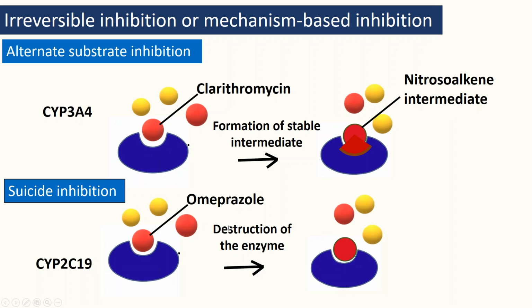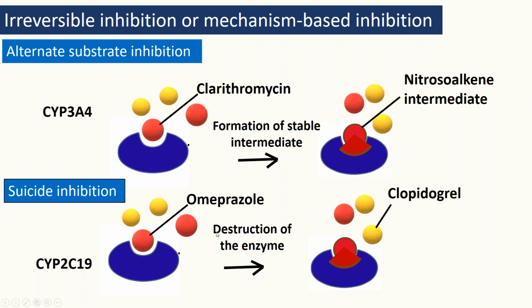The classical drug interaction with this is clopidogrel. Clopidogrel is an antiplatelet drug and a substrate of 2C19. That means clopidogrel is a prodrug; it has to become an active drug, and to become active it requires 2C19.